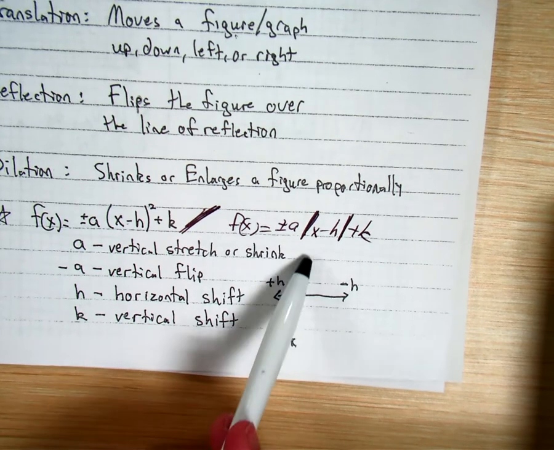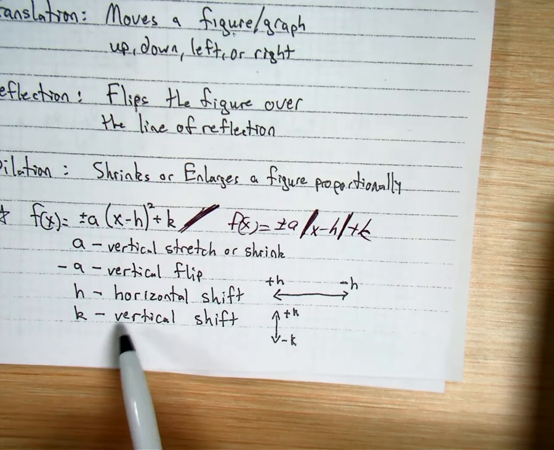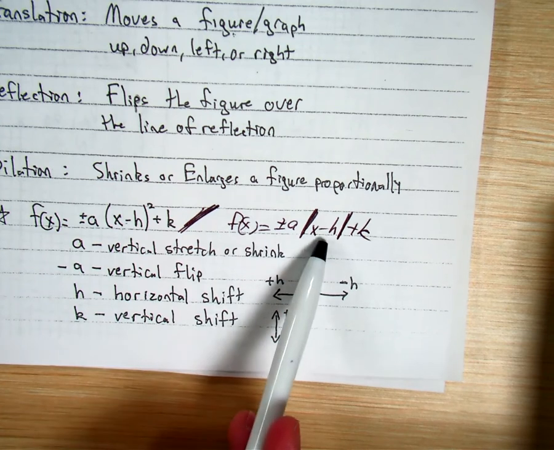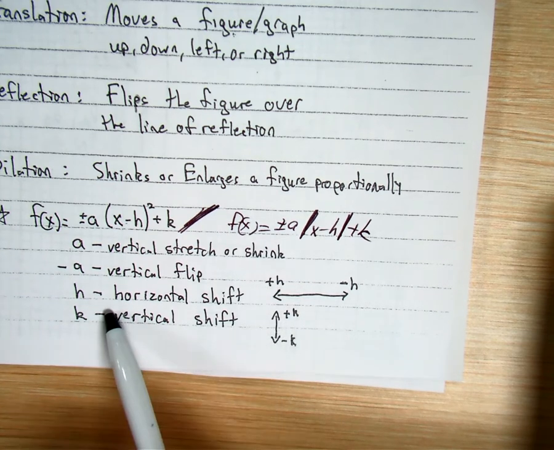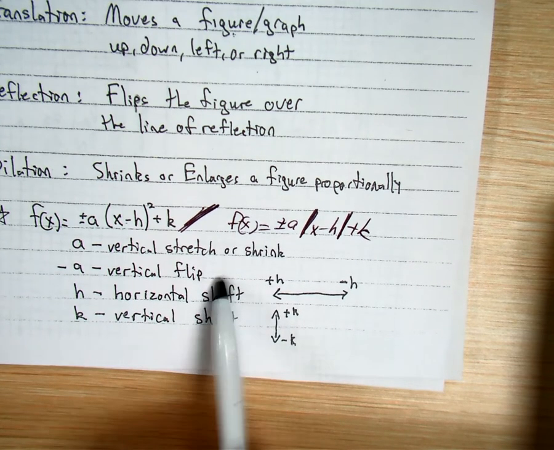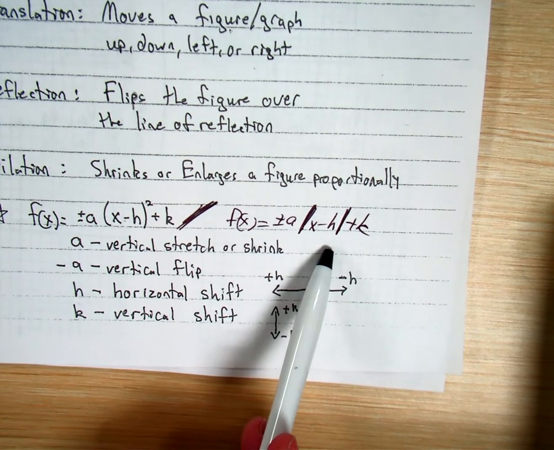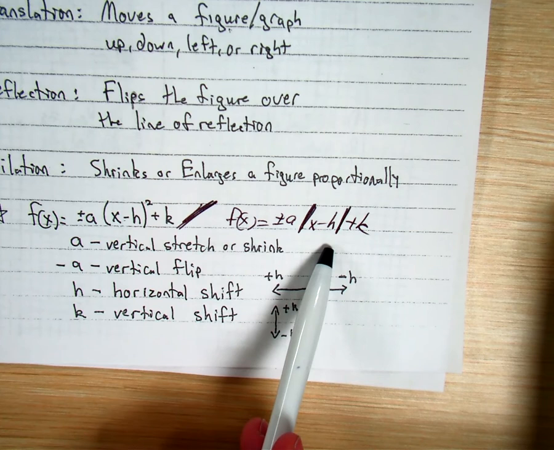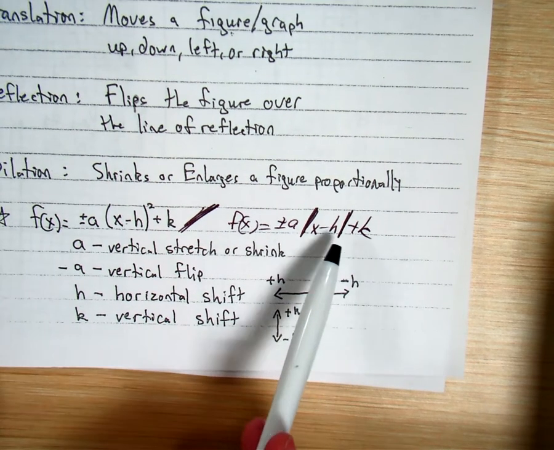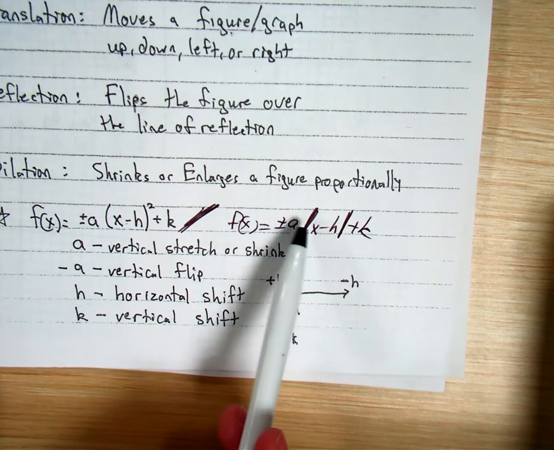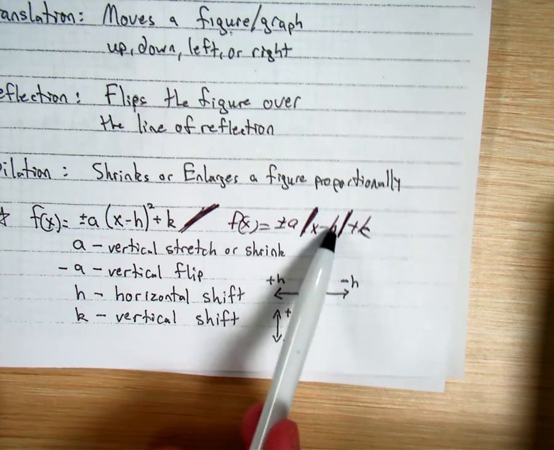Inside the parentheses or inside the absolute value bars, if there's a plus or a minus in there, it's going to shift it horizontally left and right, and it's opposite. It's a tough thing to get through your head, but once you do and get it to stick, it's going to be awesome because you won't make any silly mistakes in your next couple of math classes.